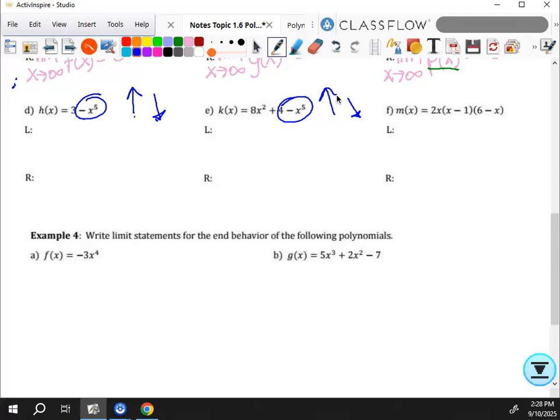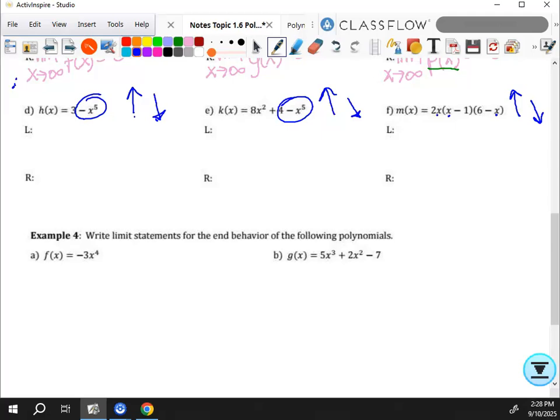The right side has to do with the leading coefficient being positive or negative. Okay, check this out. 2x times x is 2x squared times a negative x is negative 2x cubed. So the right side goes to negative infinity. The left side goes where? Up. Exactly. Okay. We good on that?